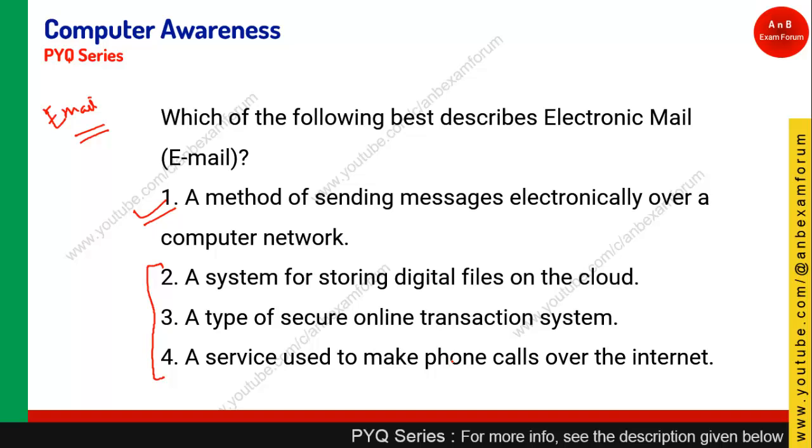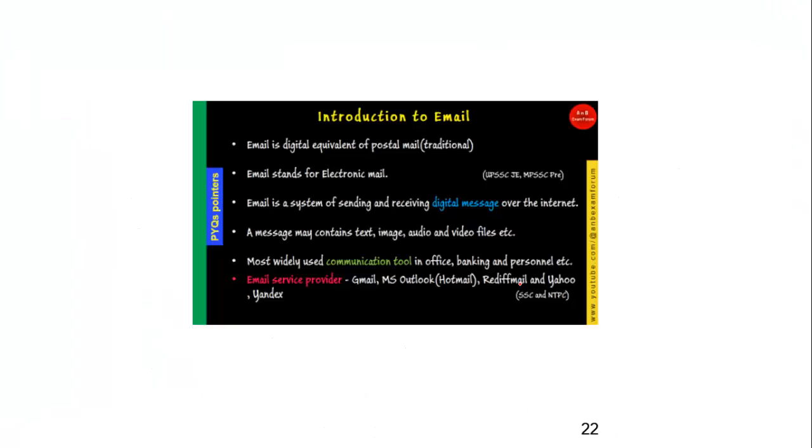Okay, and a secure online transaction system is basically e-commerce you can say, and storing digital files on the cloud is just a cloud space storage system. Okay, so option 1 is the right answer. Again, a very good chapter we have made on the email, where we tell everything about email. The important previous year exam pointers we have put in this particular chapter.